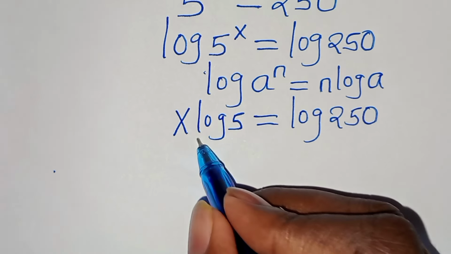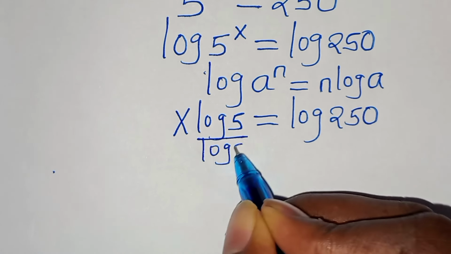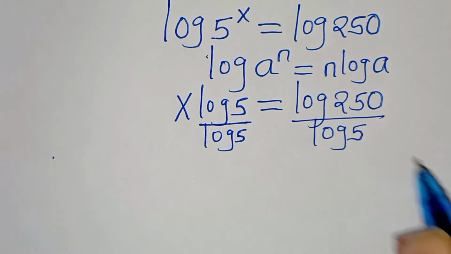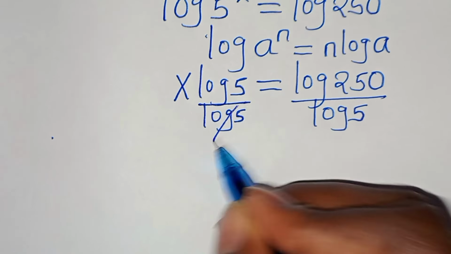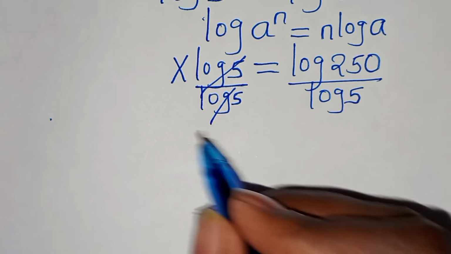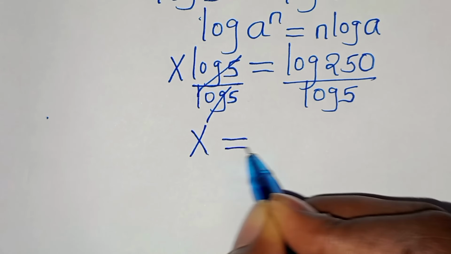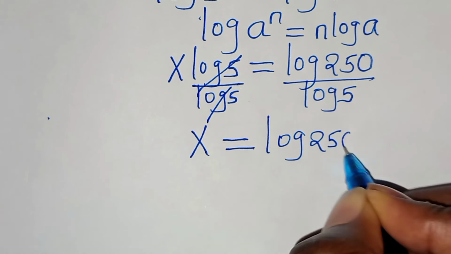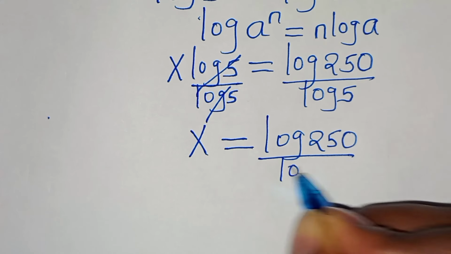So let's divide both sides by log 5. Also here we have log 5. By simplifying log 5 and log 5, we have that x is equal to log 250 divided by log 5.